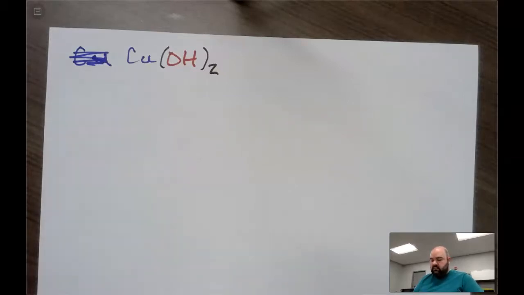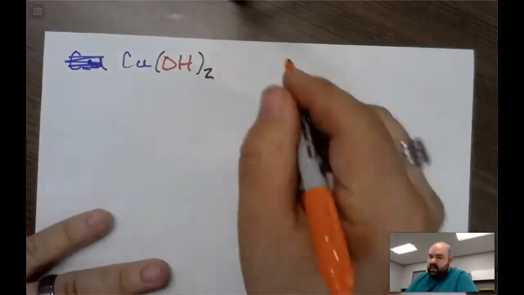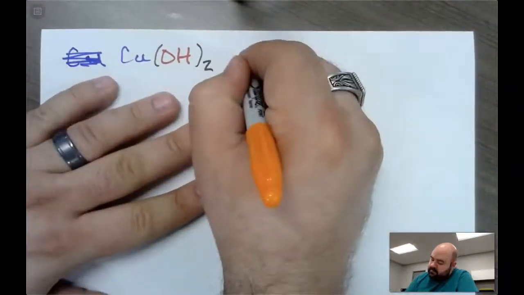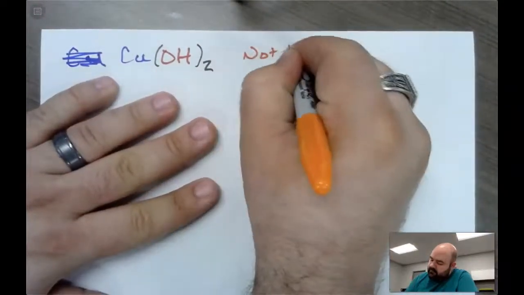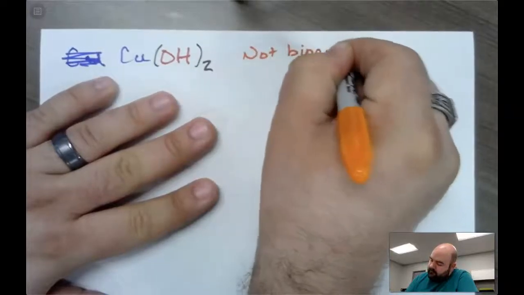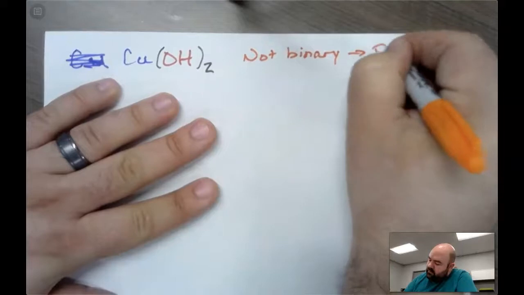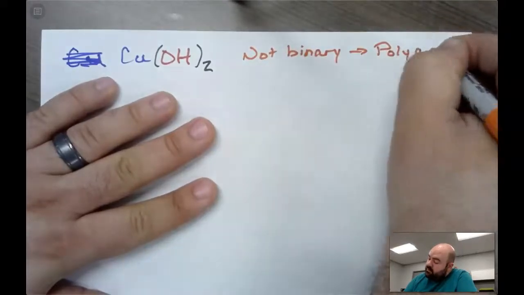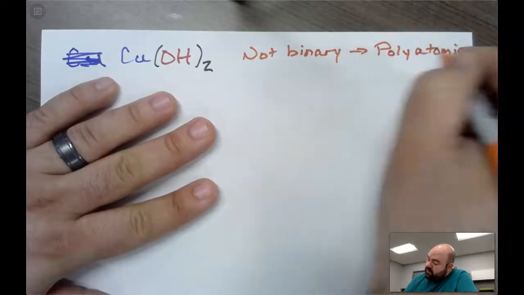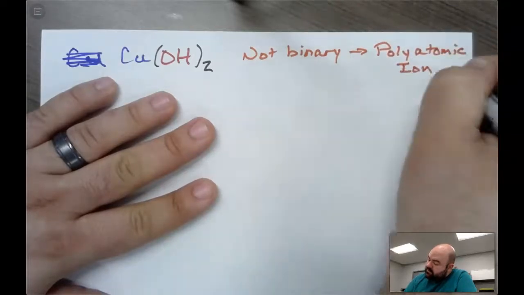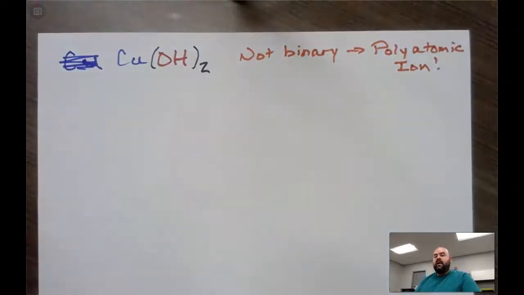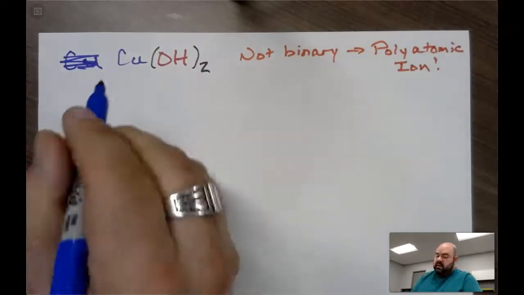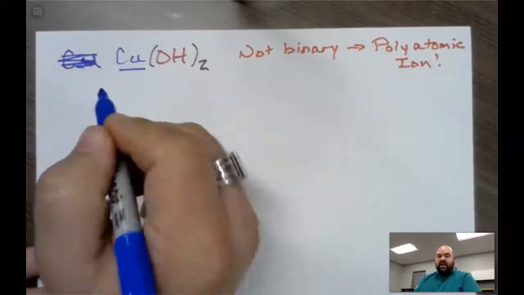Okay, let's break it down. First off, our question, is it binary? Since it's not binary, it contains a polyatomic ion. I do want to clarify, that is not always true in all of chemistry. But for our purposes, right now, if it's not binary, it contains a polyatomic ion. Which means there's the cation, which is the first part.